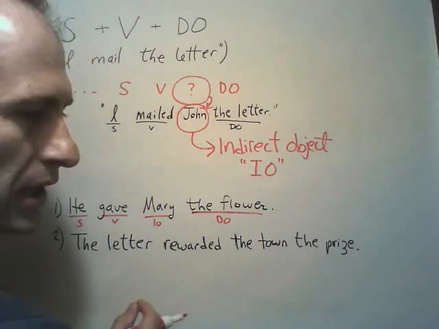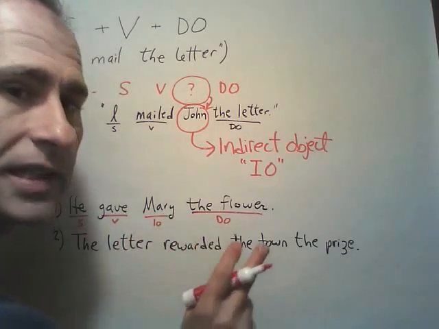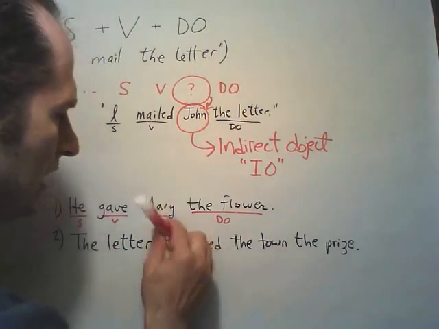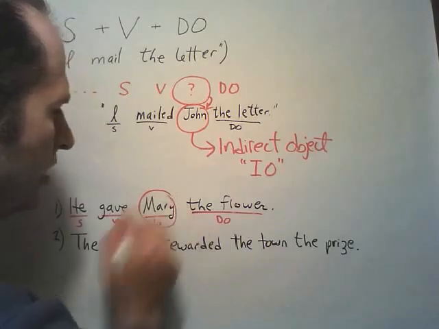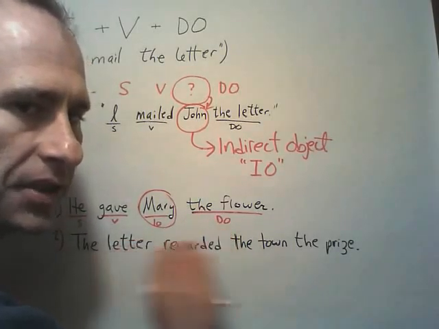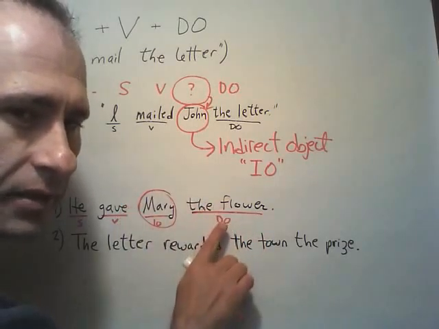Now, this is the first video of two. You'll need to watch the second one to get the formula sentence, but I just want you to be able to recognize where the indirect objects are always going to show up. If they show up in a collection of words, they're going to be between the verb and the direct object.